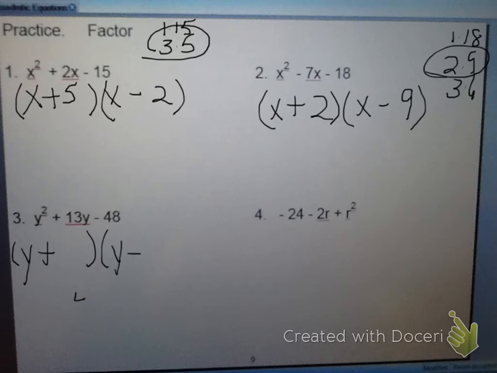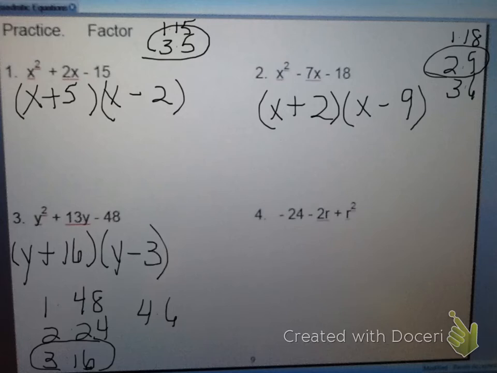Factors of 48. 1 times 48, 2 times 24, 3 times 16, and 4 times 6. Which one subtract to get 13? 3 and 16. I'm going to put the 16 behind the positive, 3 behind the negative.